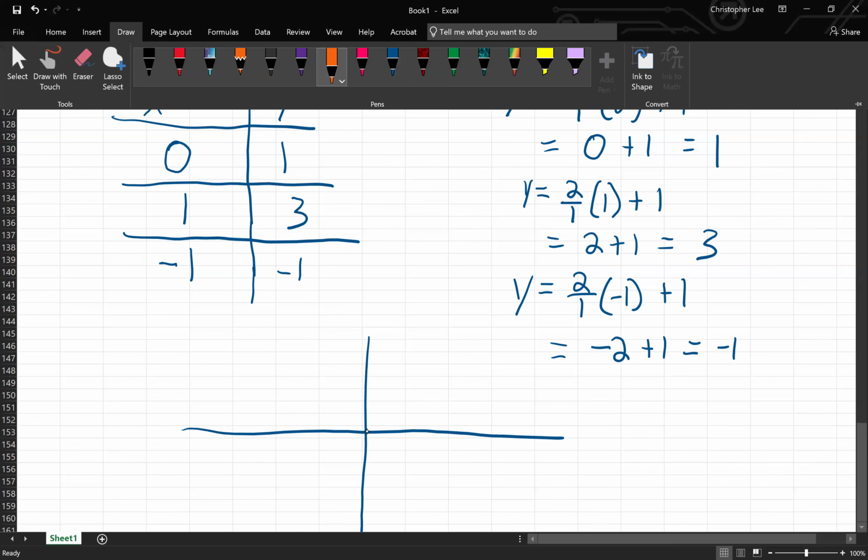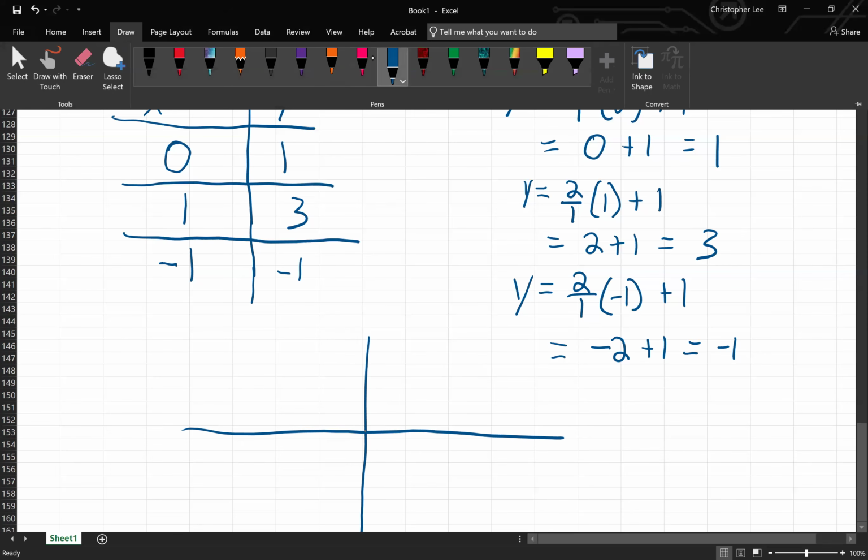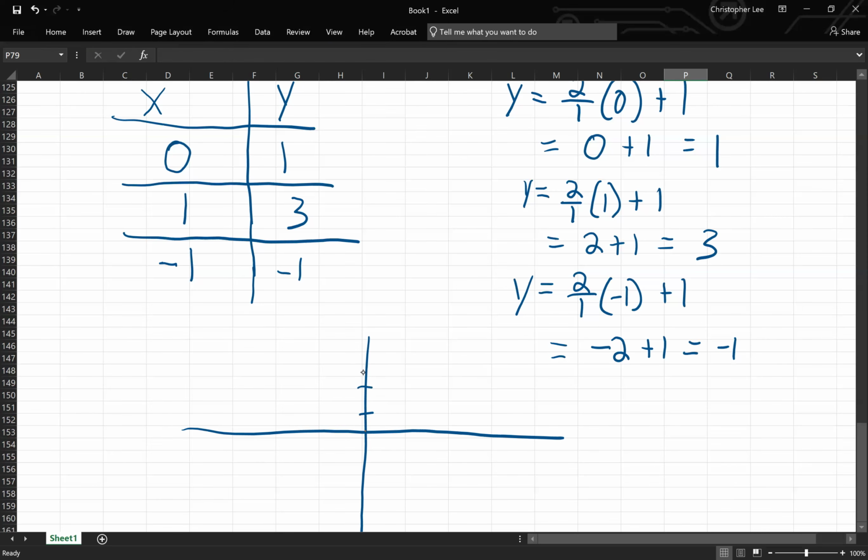I'm just going to go up by 3: 1, 2, 3, and so on, and I'm going to label them. This is 1, 2, 3, and this is 1, 2, 3. This is negative 1, negative 2, negative 3, and this is negative 1, negative 2, and negative 3.